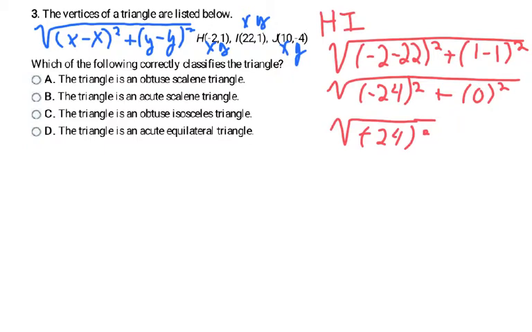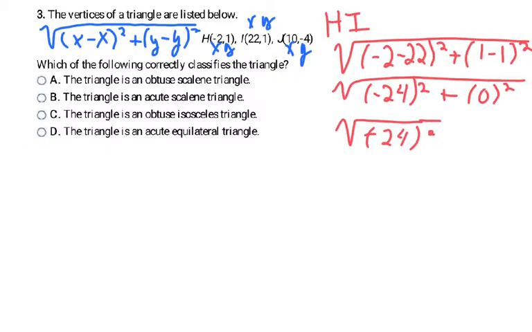So negative 24 squared is 576. And then the square root of that is positive 24. So the length of HI is 24. So that's one length of this triangle.